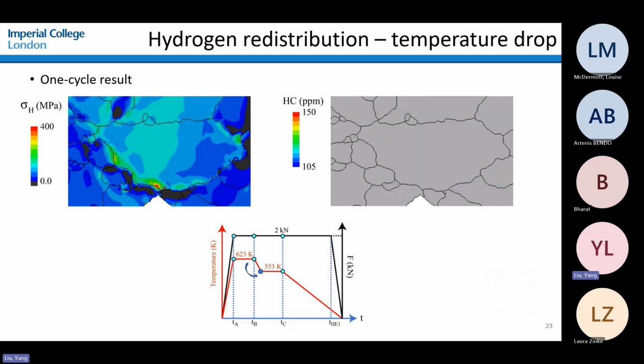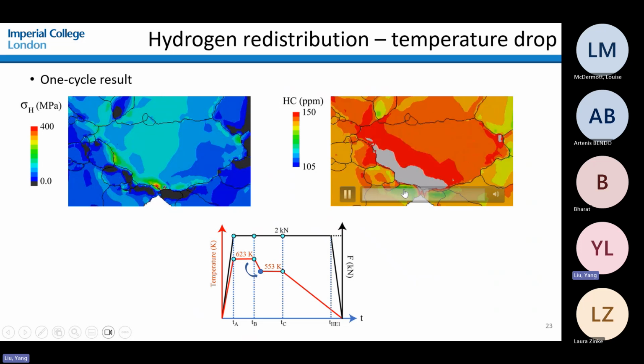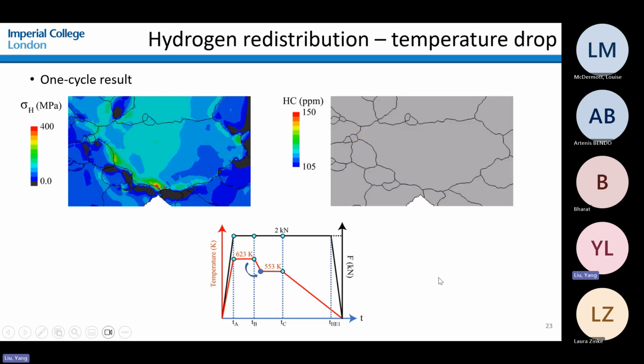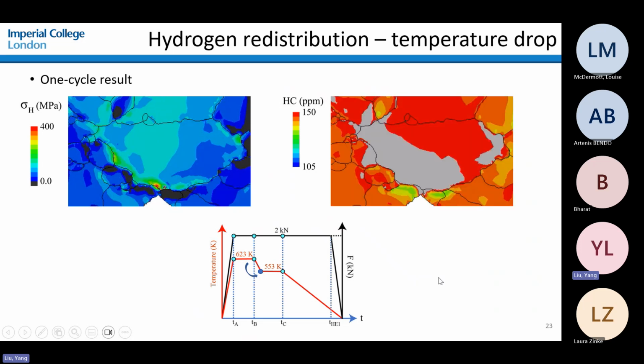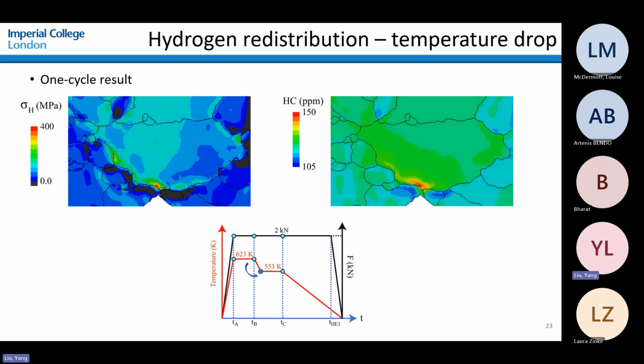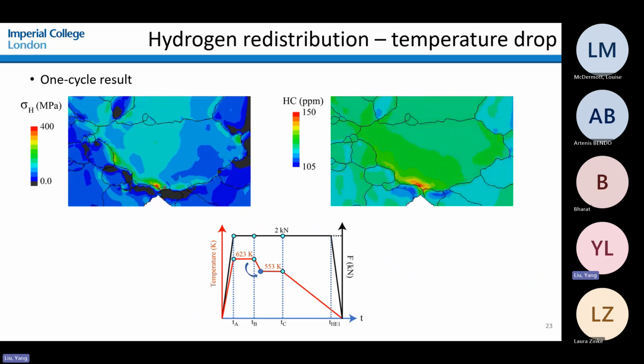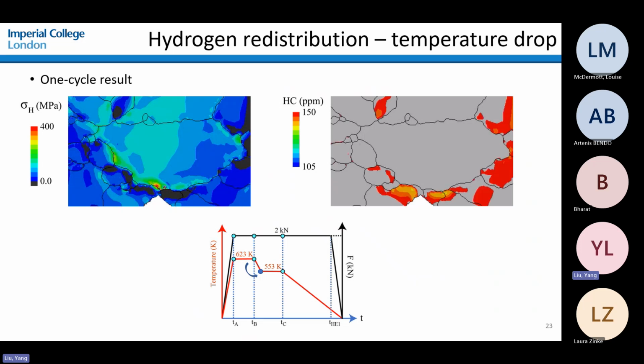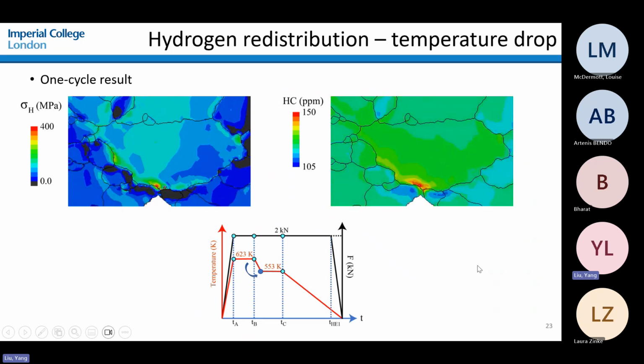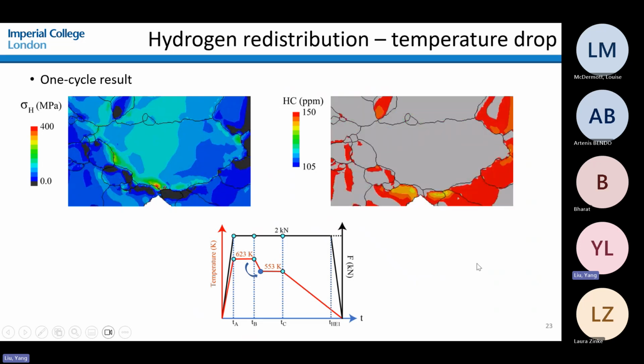Due to the temperature dropping here, the hydrogen concentration drastically drops to a certain level, but is retained at the grain boundaries, which are the highest spots of hydrogen. This is related to the grain interactions, which lead to a higher hydrostatic stress at the local grain boundaries and a high hydrogen concentration.